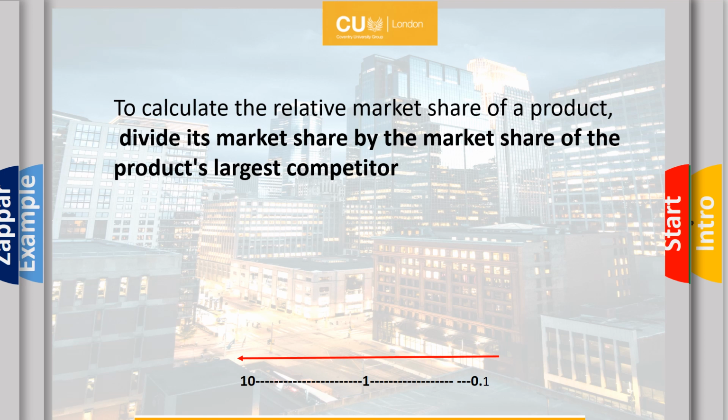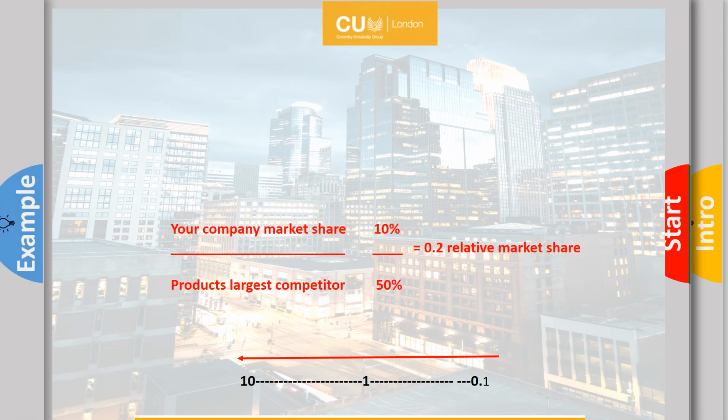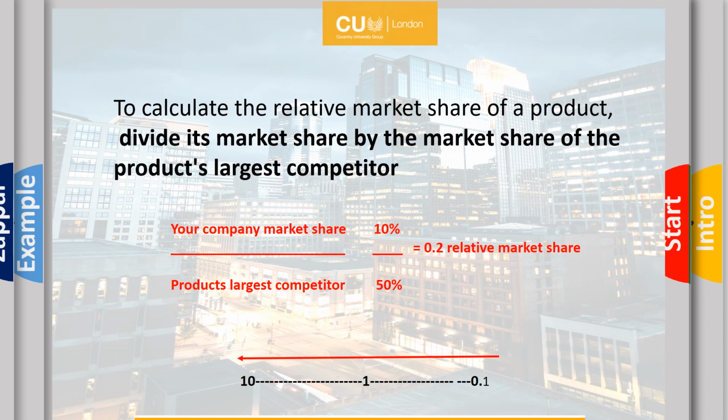Let's take an example. If your strategic business unit in that market sector has 10%, and your largest competitor has, say, 50%, you divide your 10% market share by the 50%, which gives you a relative market share of 0.2. So in this instance it's not that favorable.